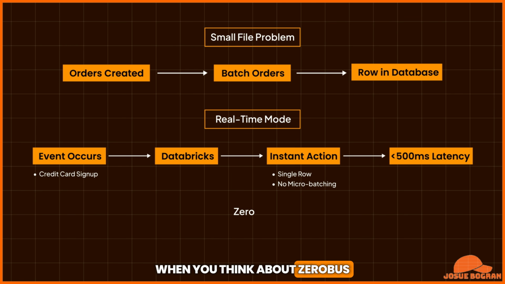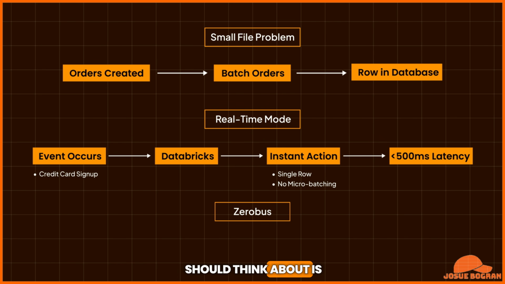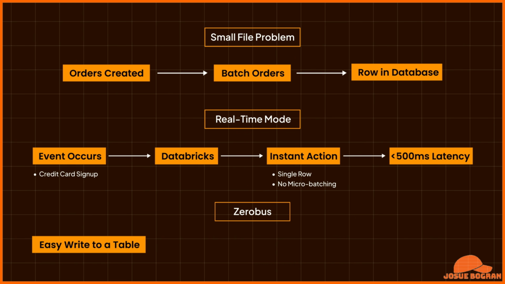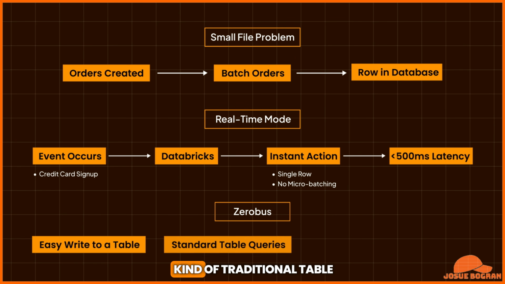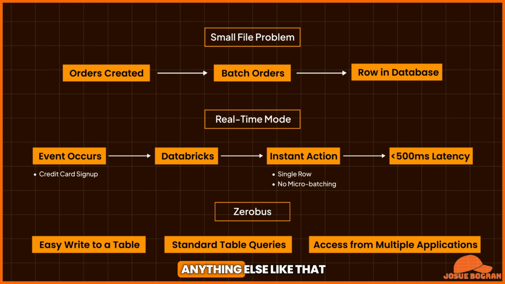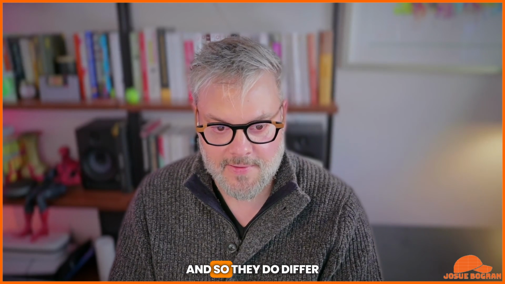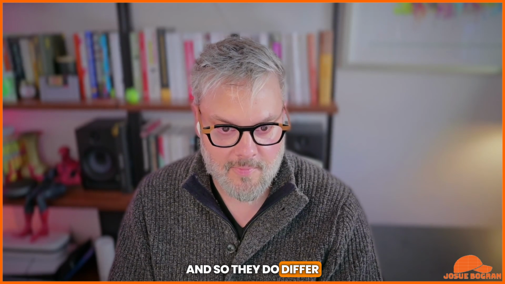When you think about Zerobus, the thing that you should think about is how do I make it easy to write to a table? But I'm going to go query that table like any kind of traditional table. So I'm going to hit it with SQL. I'm going to hit it from a Databricks app, anything else like that. And so they do differ, but we'll see how they converge in the future as well.